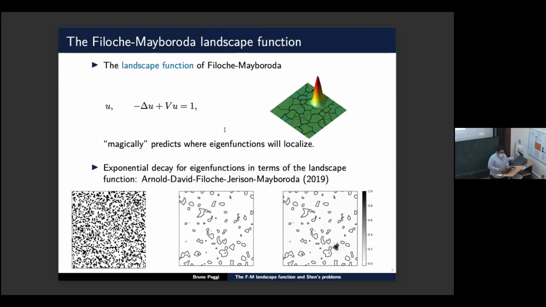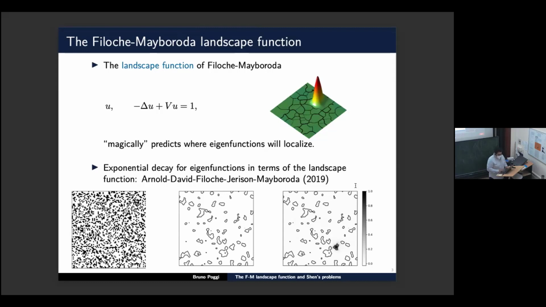Here you have again the same values of V, but you can describe these values using u at certain energy levels, and when you study the eigenfunction at that energy level, it will localize in one of the regions given by 1/u, essentially.